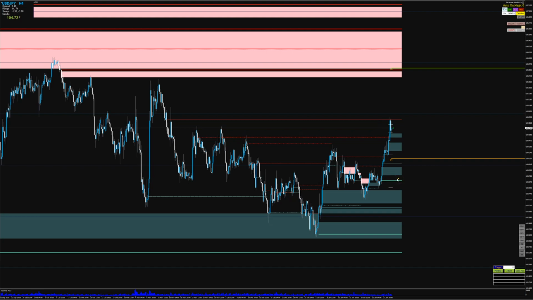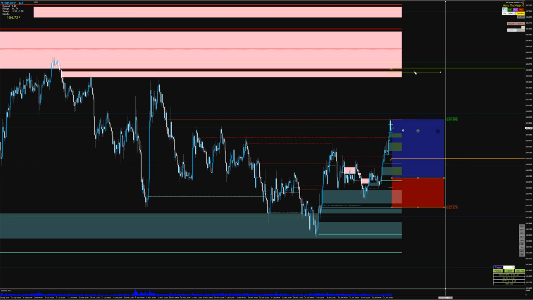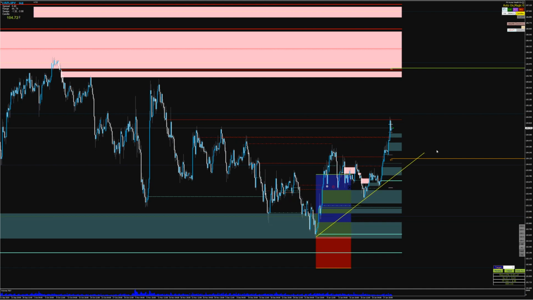Let me wait. From this level long. We could be looking for the long, or there is another option how to do it. I will show you what I like to do, and this is another function of my tool which we have right now for using.